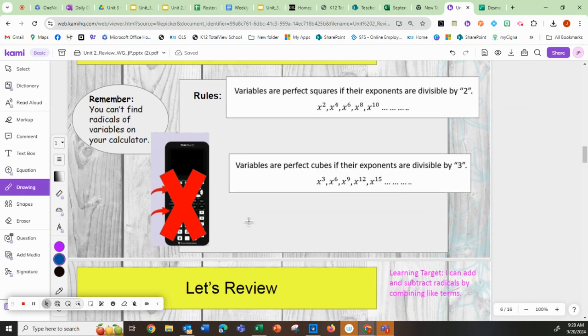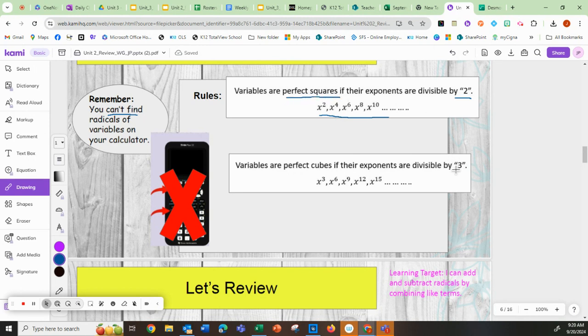When we're talking about variables being perfect squares and perfect cubes, that's something that you can't do in your calculator. If you're dealing with variables, you just have to know the rules for cubing them, squaring them, taking the square root, taking the cube root. Any variable that has an exponent that is divisible by 2, like x to the second, x to the fourth, x to the sixth, x to the eighth, x to the 10th, and so on, is considered a perfect square.